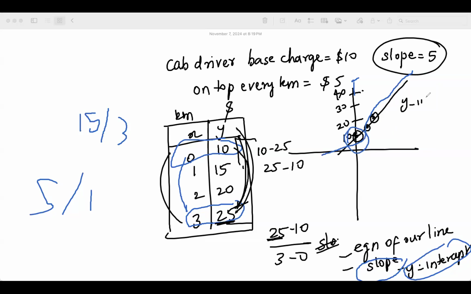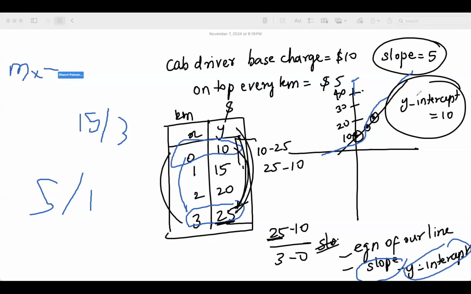So the equation is basically mx plus b. Our m is 5 by 1, and our b is 0, 10.